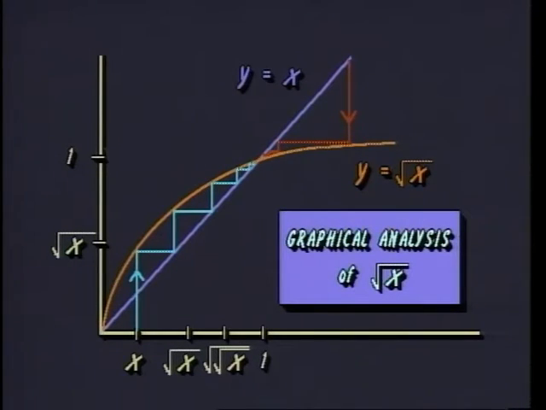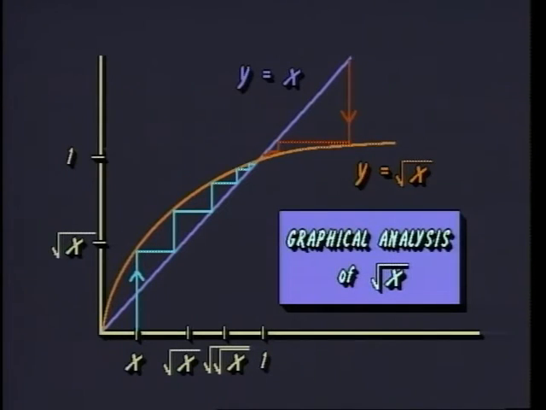To compute the square root of the square root of x, we simply go to the graph and over to the diagonal. Iterate again. Go to the graph and over to the diagonal. Go to the graph and over to the diagonal. You see by this simple geometric procedure that iteration of the square root function via this staircase method leads you eventually to the point which lies at the intersection of the graph with the diagonal, and of course that's the point 1.